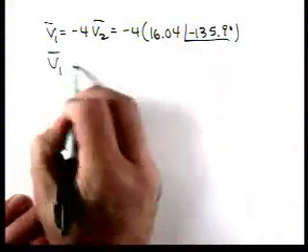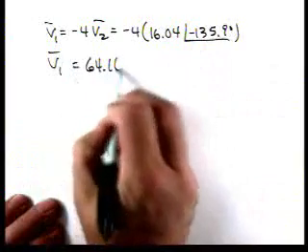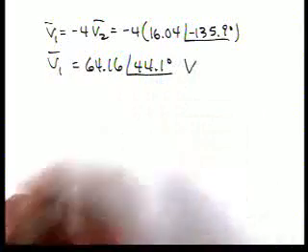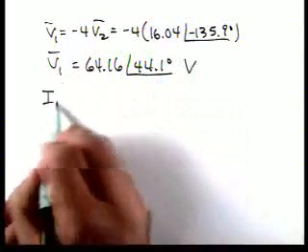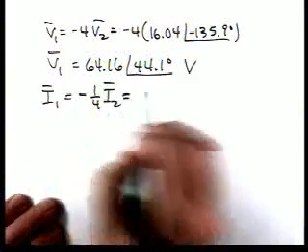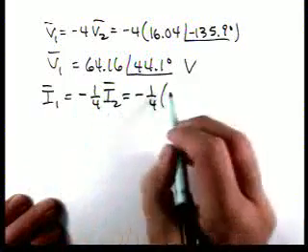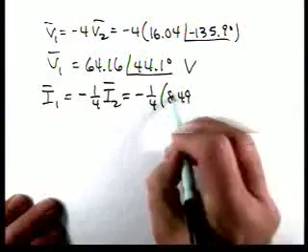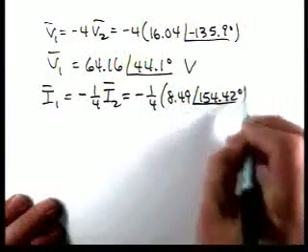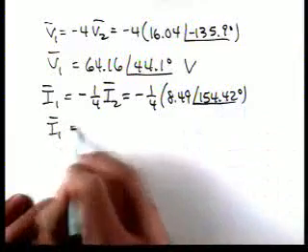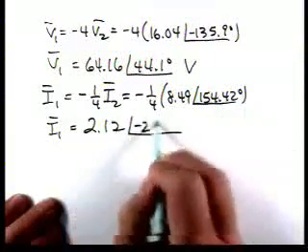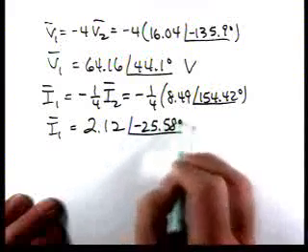So that gives us V1 is 64.16 at an angle of 44.1 degrees. And I1 is minus 1/4 I2. So we have minus 1/4 times 8.49 at an angle of 154.42, and I1 is 2.12 at an angle of minus 25.58 degrees.